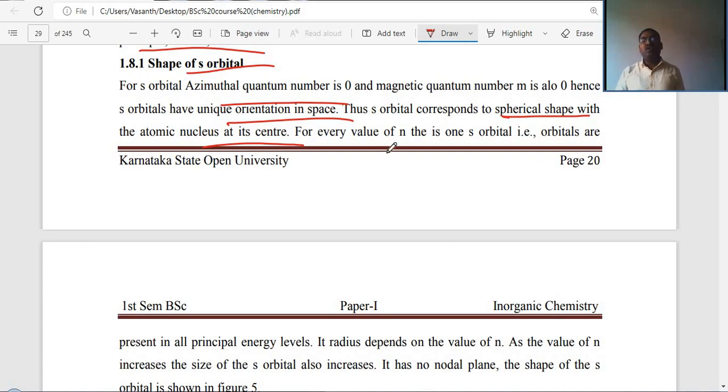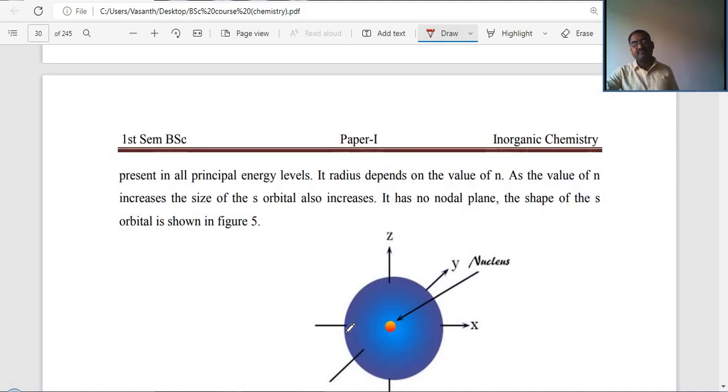For every value of n there is one s orbital, that is, s orbitals are present in all principal energy levels. Its radius depends on the value of n. As the value of n increases, the size of the s orbital also increases. Thus, it has no nodal plane. The shape of the s orbital is shown in the figure.